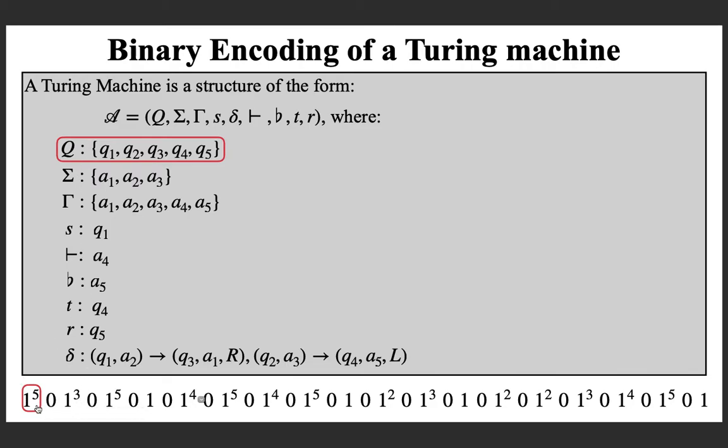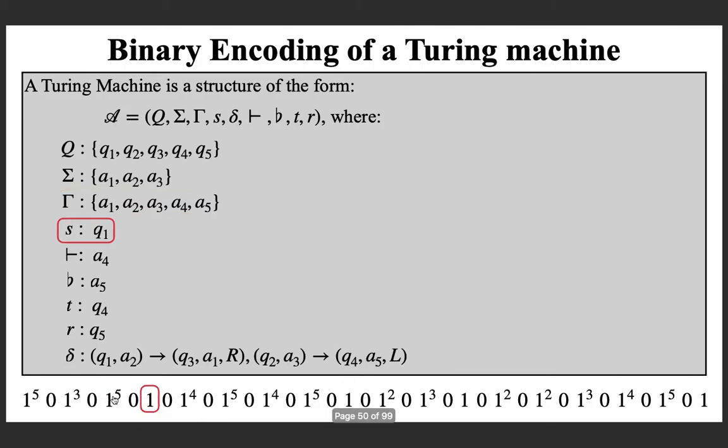So there are 5 states, then there are 3 alphabets in the input alphabet set, the first, second, and third, represented as 1, 11, and 111. Now the third component says there are 5 alphabets in the tape alphabet set, and note that all these 3 must be there, so it must be greater than or equal to 3.